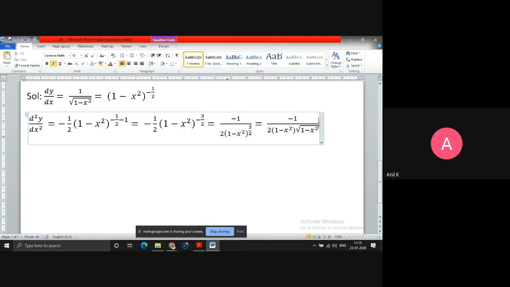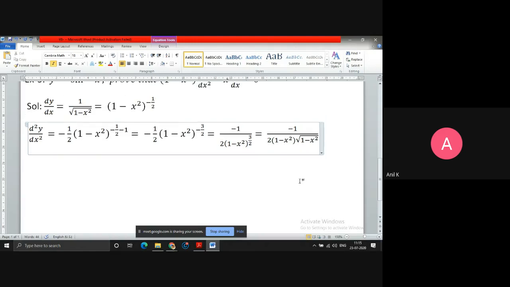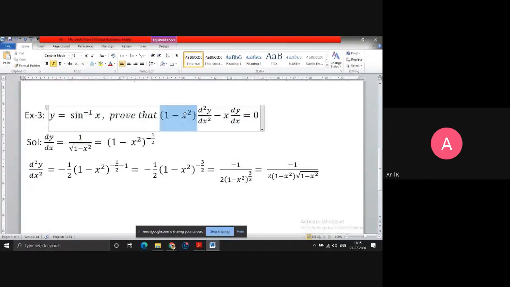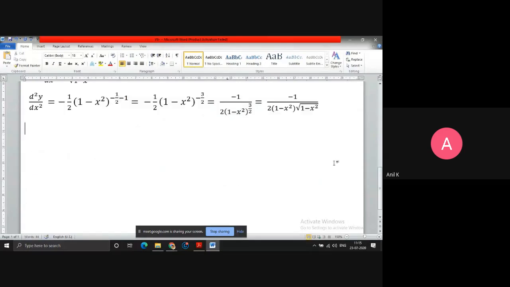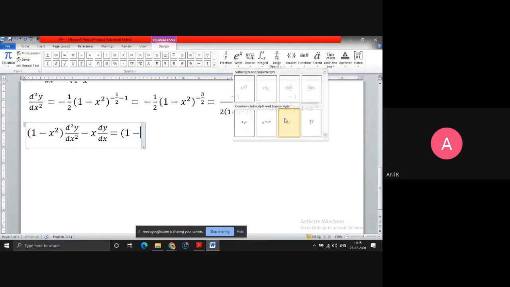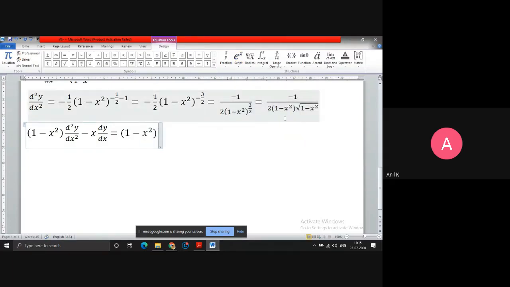Now what you have to do is substitute in the LHS. What is given as LHS? These are the terms given as LHS. Let me see, in LHS, if I substitute, what do you get? First, 1 minus x square will remain as is: 1 minus x square into d square y by dx square.